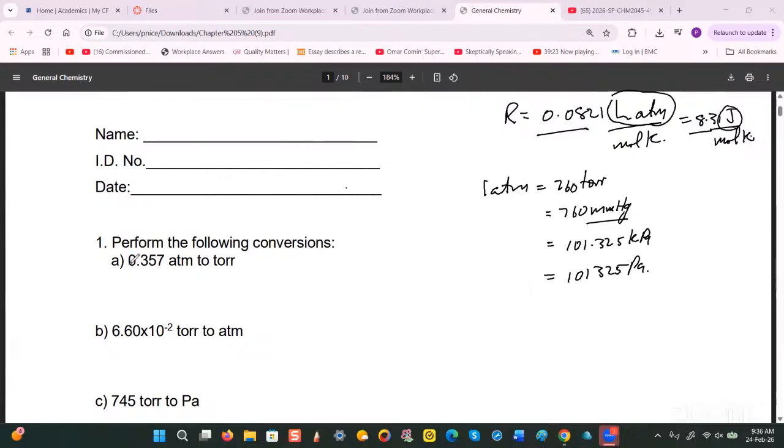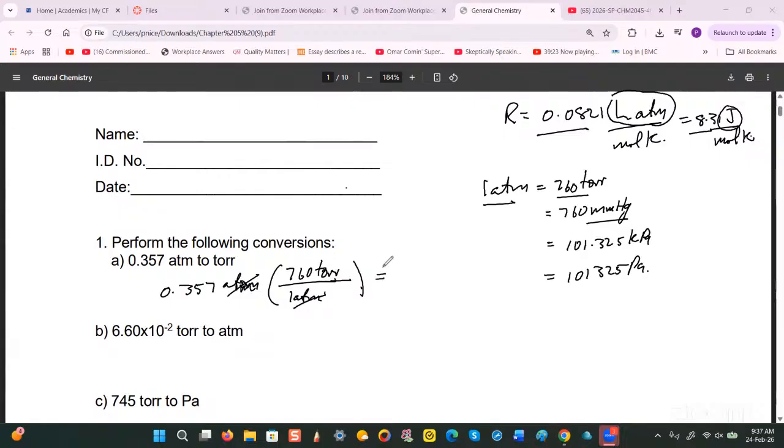So number one asks you to perform the following conversions, and the first one is 0.357 atmospheres to torr, very similar to other types of conversion you've done. You start off with 0.357 atmospheres and multiply by the conversion factor relating atmospheres to torr. So you put 760 torr above and divide by 1 atmosphere below, and the atmosphere units cancel out.